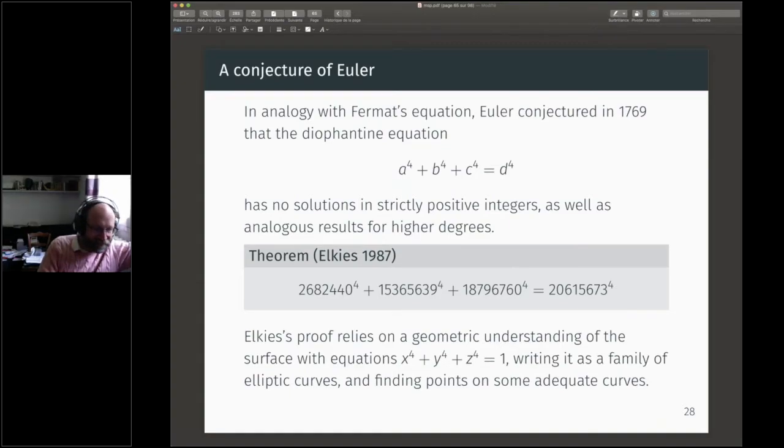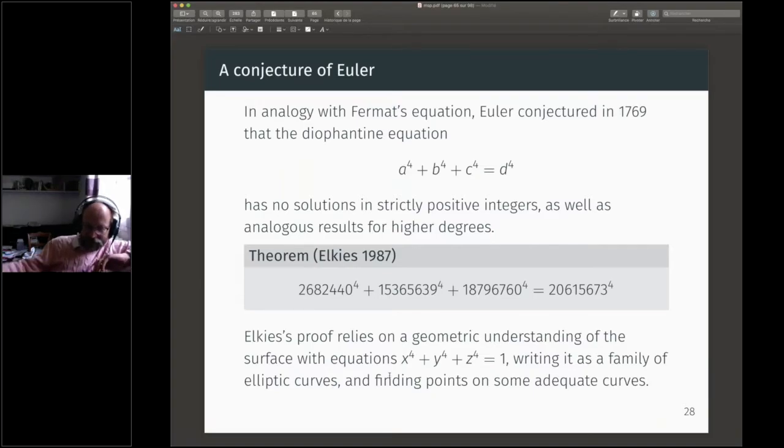And Elkies did not find this example by brute force. This would not have worked. He did geometry. He understood that this surface with equation x^4 + y^4 + z^4 = 1 could be viewed as a family of elliptic curves.